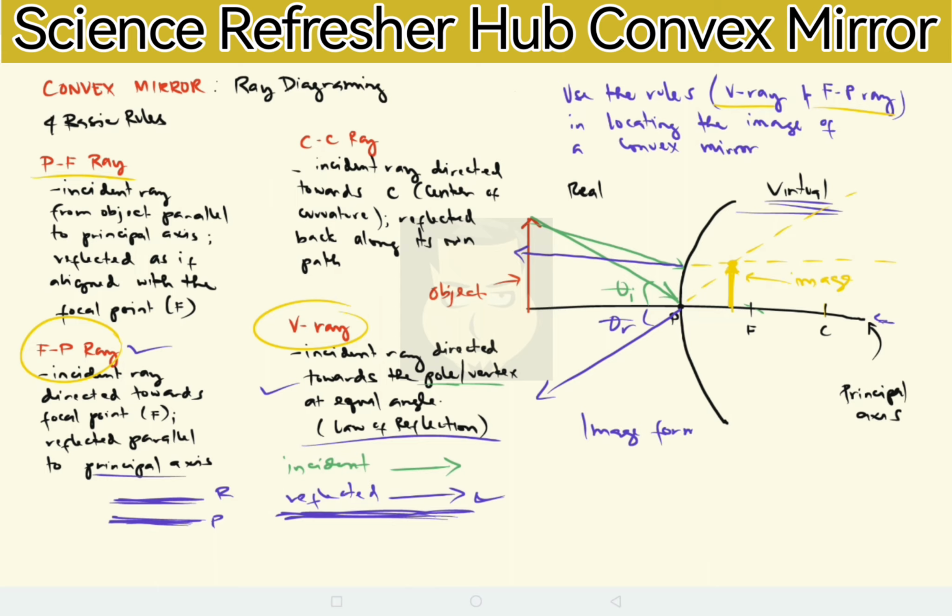The image formed in a convex mirror, as you compare the size, is smaller than the object. And then the orientation. Orientation means how the arrow is being drawn. So it's upward, erect, or upright.